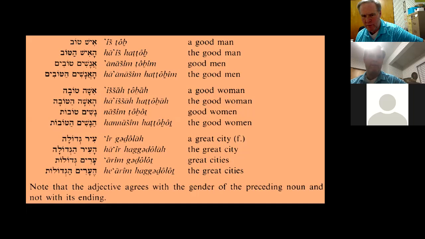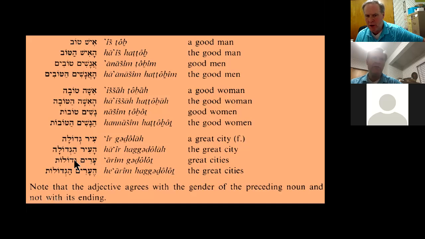Okay, so now we're to city, and city is feminine, singular. So we say ir, not gadol, but gadolah, because it's feminine. Ir gadolah. To say the great city would be ha'ir ha'gadolah, the great city. If you have more than one city, ir goes to arim, and gadolah goes to gadolot.